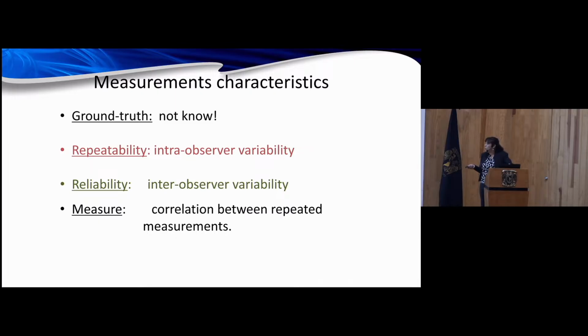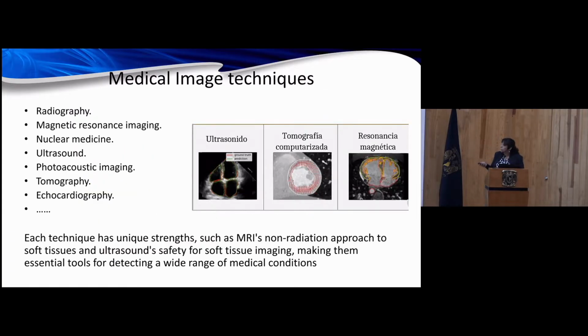So the measure is also something that I want to do in multiple measurements of the same organ, for example. And of course, one of the main problems is that all of our medical images have different imaging techniques, no? Like radiography, magnetic resonance, nuclear medicine, ultrasound. Some of them have more noise than others. Some of them have blurred edges.